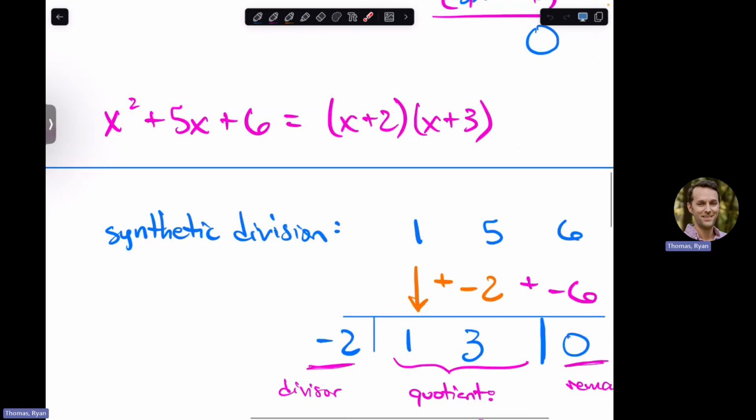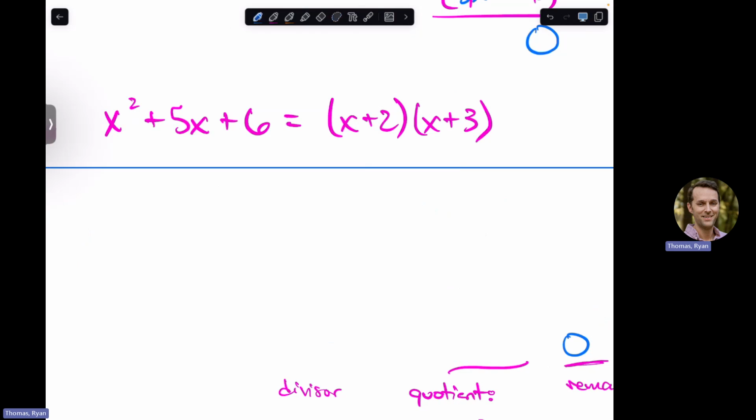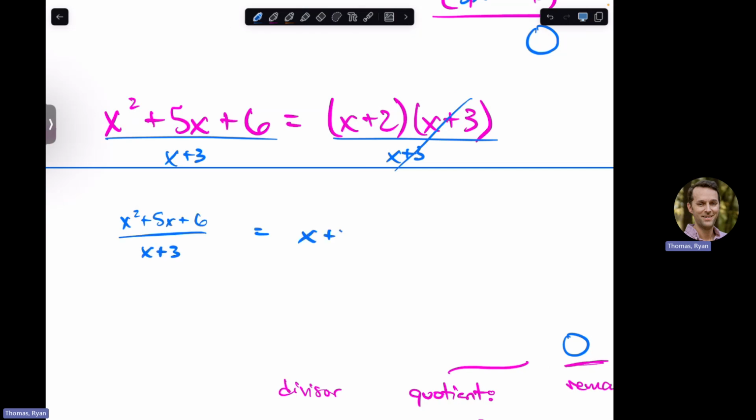If we think about that as an equation where I can manipulate and move things around, if I divide both sides by, say, x plus 3, it cancels out on the right, and on the left we get x squared plus 5x plus 6 over x plus 3 is equal to x plus 2. And I've rephrased this fact that I know about how to factor this trinomial into a division problem. If you take this and divide it by that, you get this.